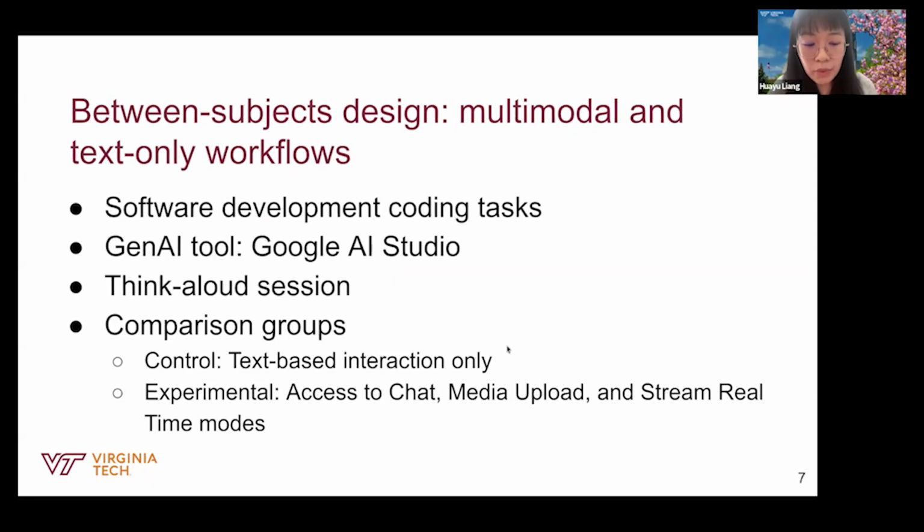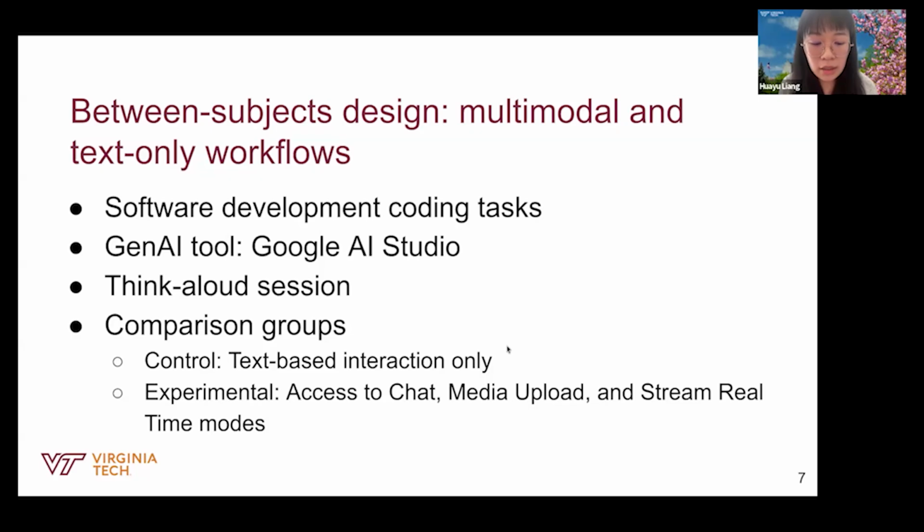In this work, I designed a between-subject study to compare two workflows, multimodal versus text-only. Specifically, there will be two participant groups completing the same set of software development tasks using a generative AI tool called Google AI Studio through a think-aloud session.